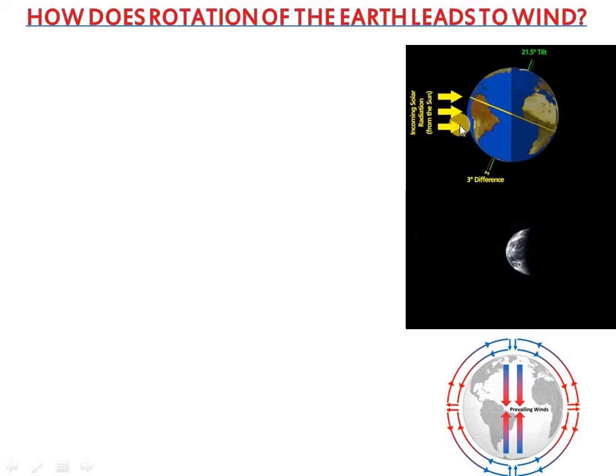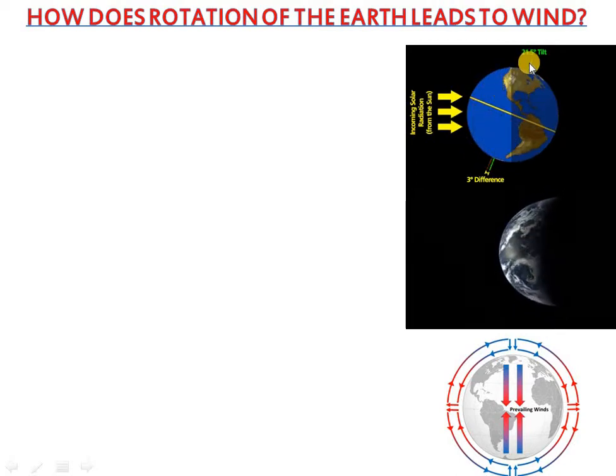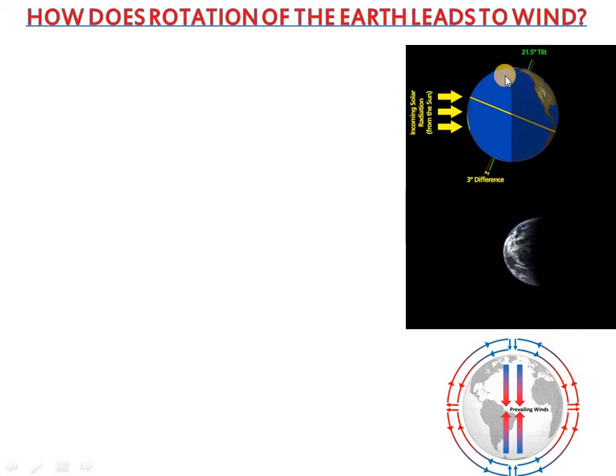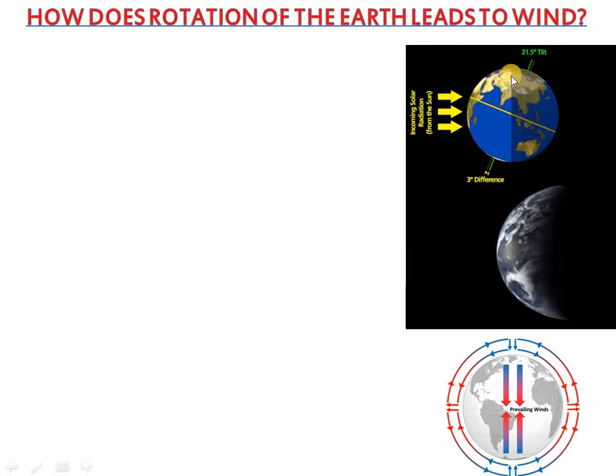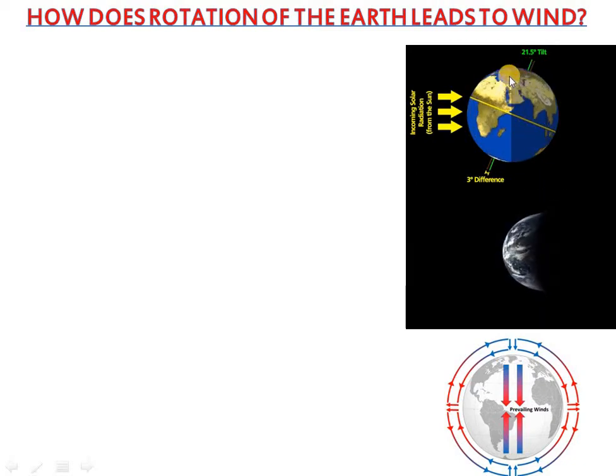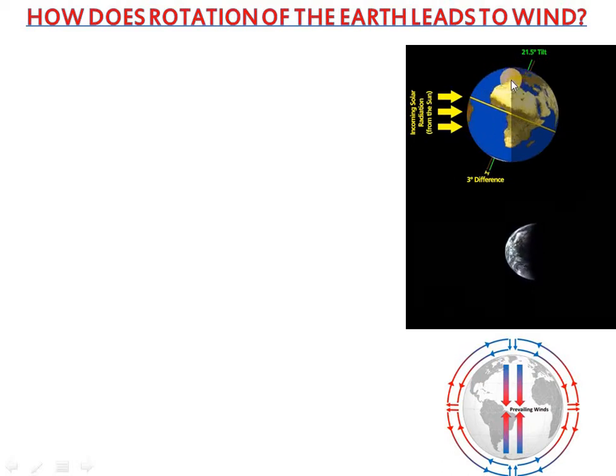Whereas at the polar regions, which are the regions closer to the pole, the sunlight is falling at a slanted, inclined direction. So intensity will be low, and temperature will be comparatively low. So what happens from the equator?